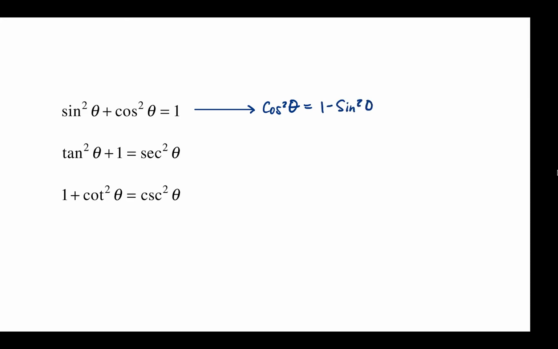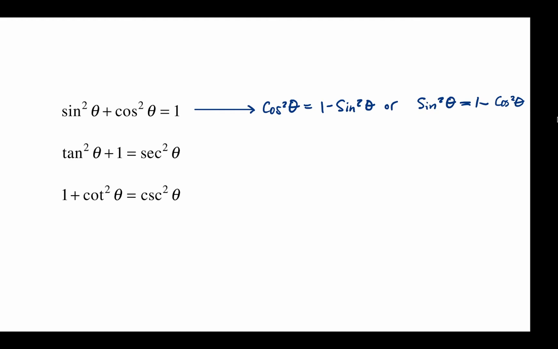And you can also write that sine squared theta is equal to 1 minus cosine squared theta. So although the equation is written in this way, you can actually solve it for other terms if it's helpful.